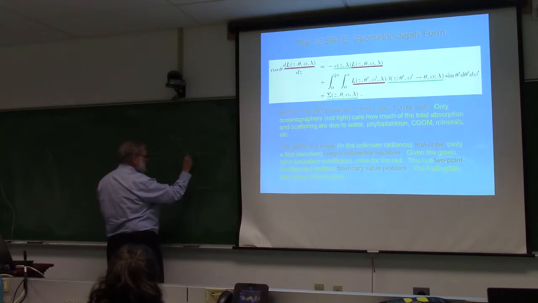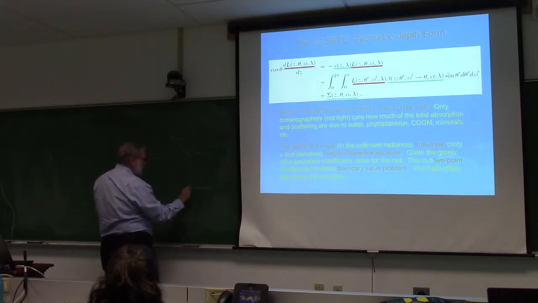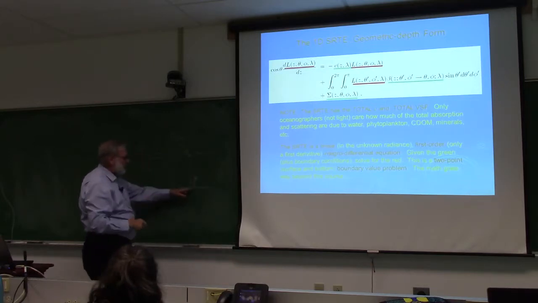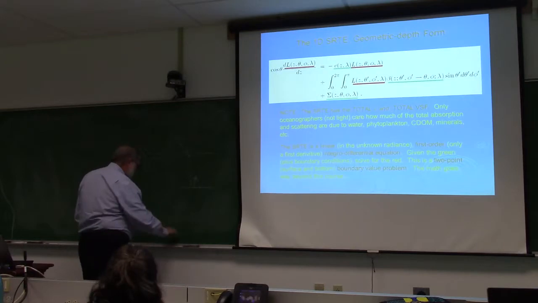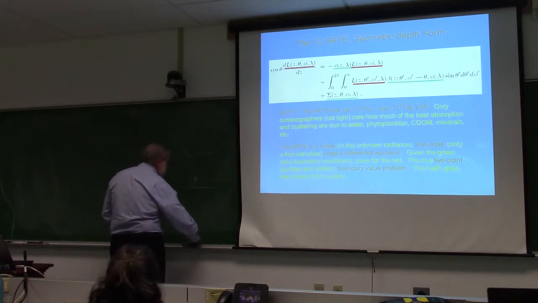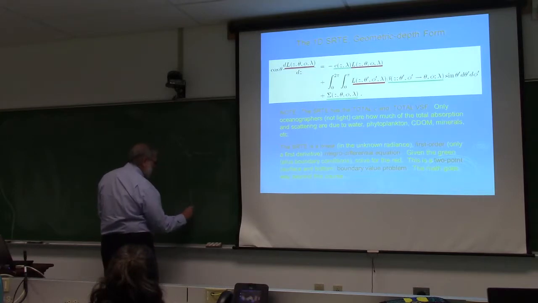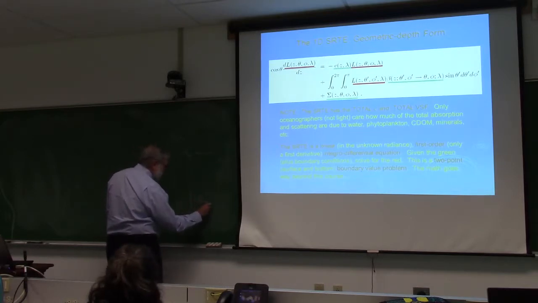Then you compute the radiance throughout the water, and maybe at the bottom there's some reflectance condition that says 15% is reflected, or maybe the water is infinitely deep, and so the condition is that the radiance as the depth goes to infinity just goes to zero.